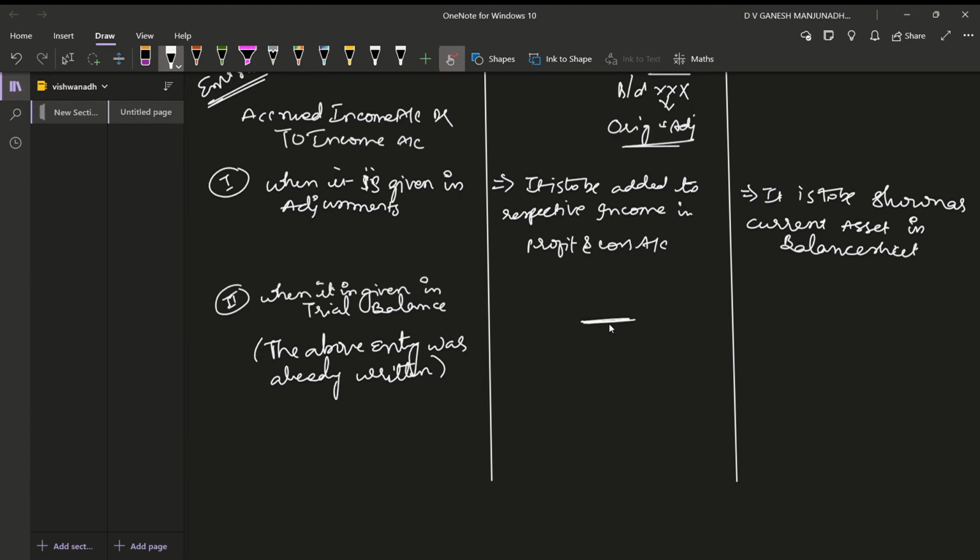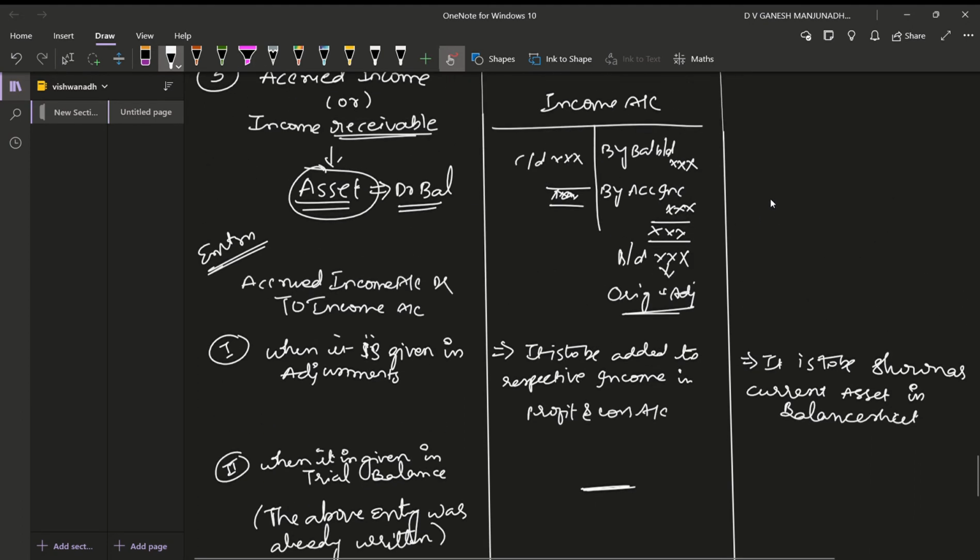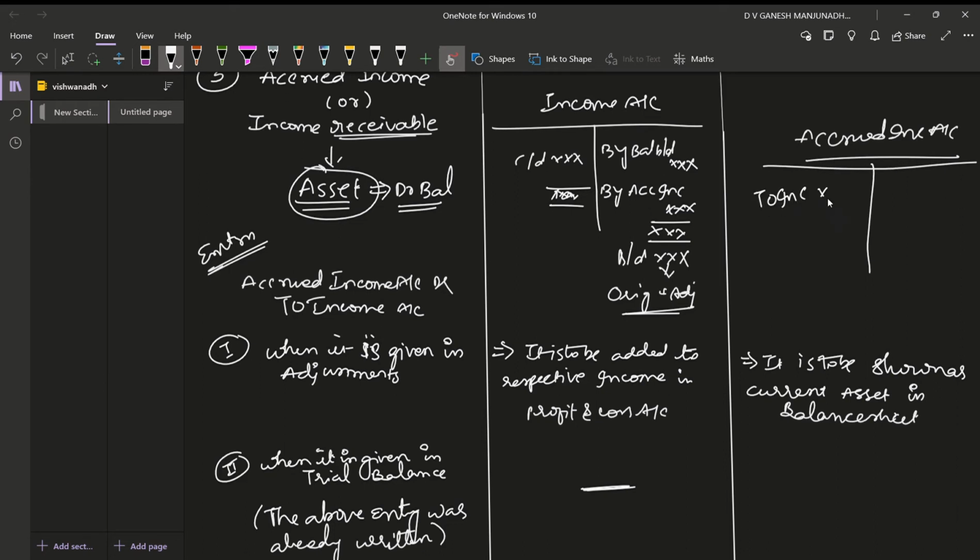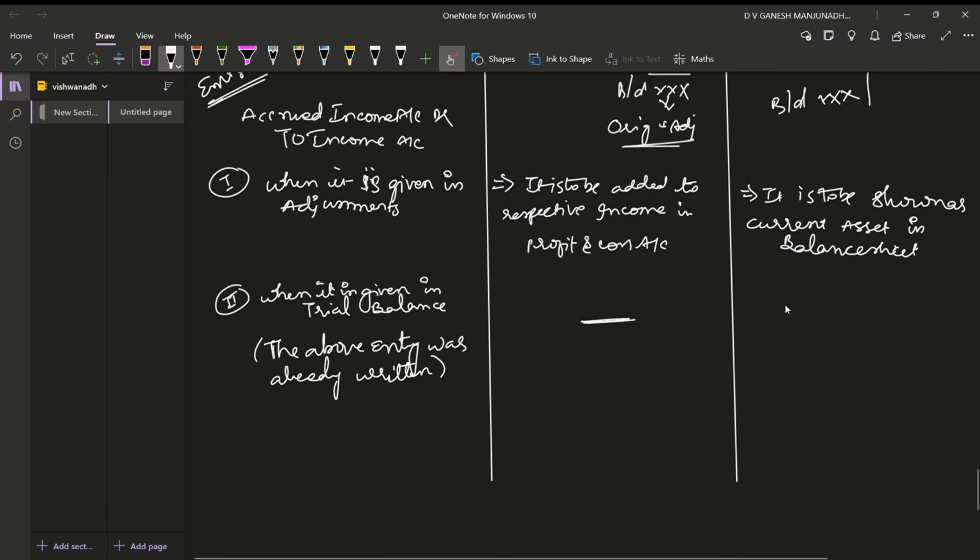But let us now see the accrued income account. The entry is accrued income to income. Here carried on would be the same balance, and brought down would be on the debit side. That means it has a debit balance.